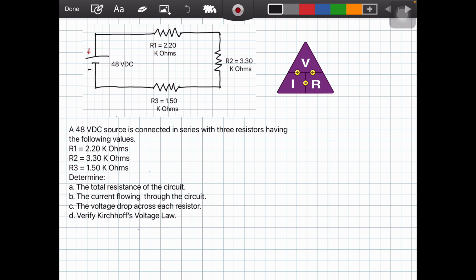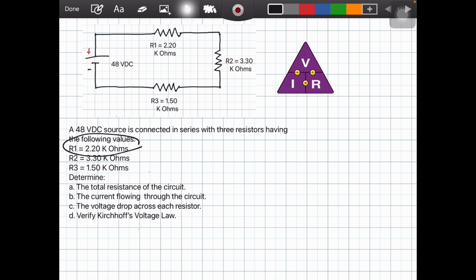Okay? The first step is to convert the values of the resistors. Now, let's convert R1 first. As you can see, R1 is 2.20 kilo ohms.